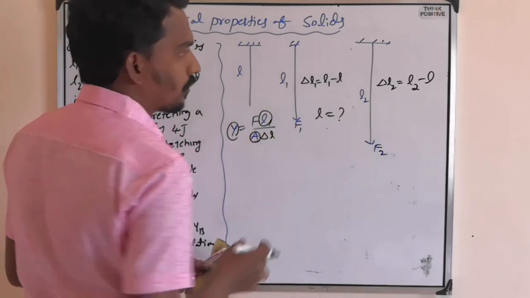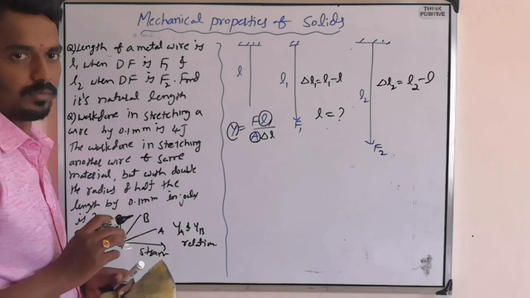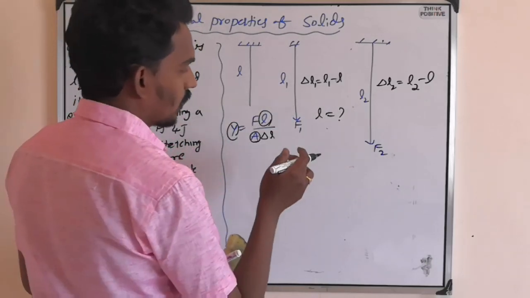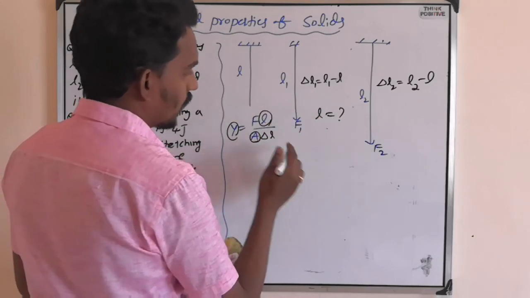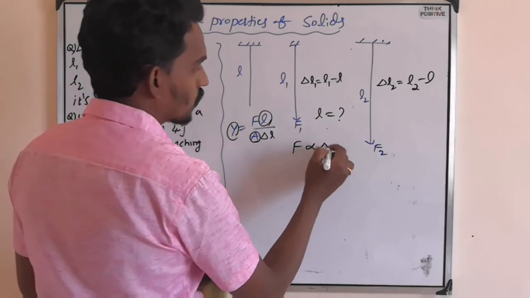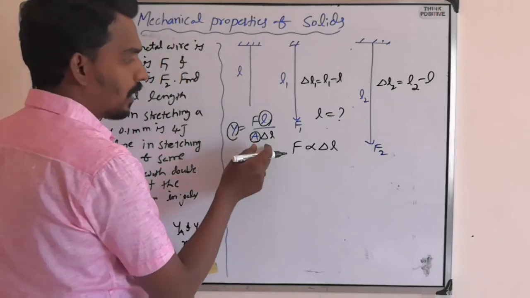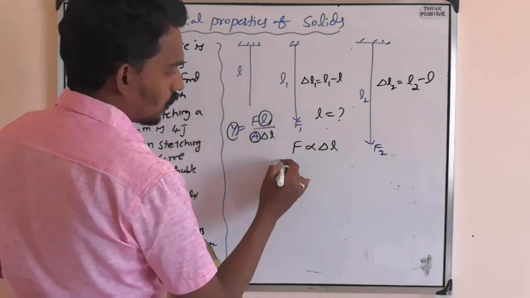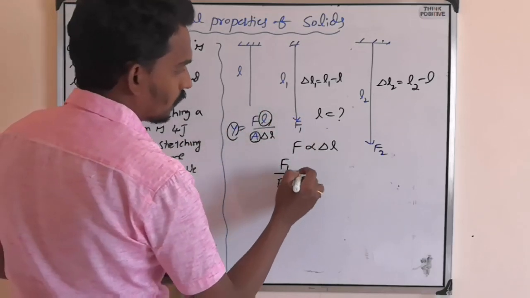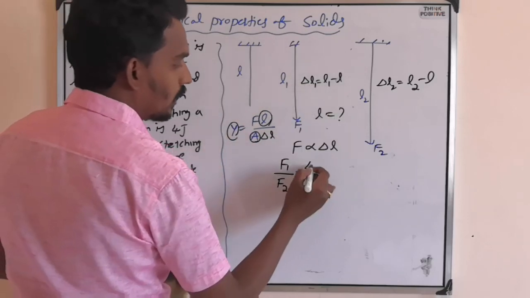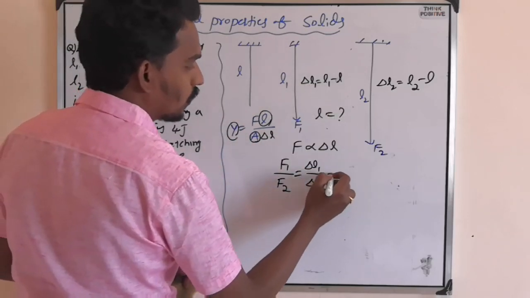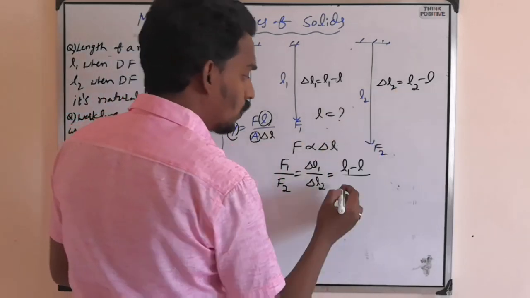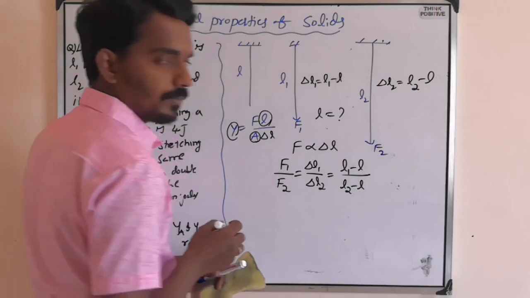Now, how can we find the L value? Directly, F is proportional to delta L, because F by delta L should remain constant. Then take the ratio F1 by F2 equals delta L1 by delta L2, where delta L1 is L1 minus L and delta L2 is L2 minus L.